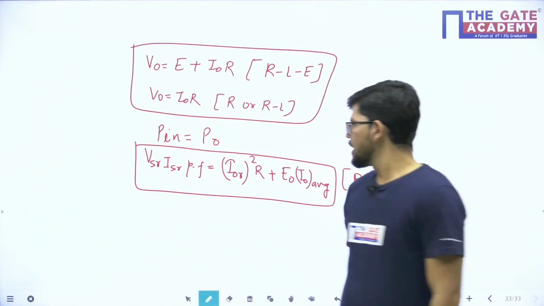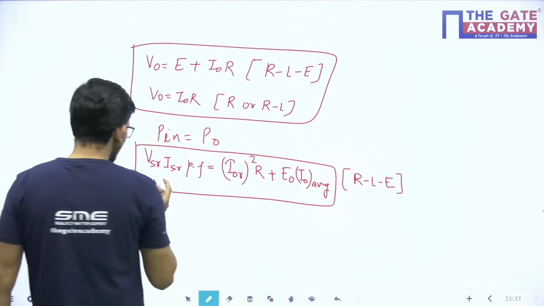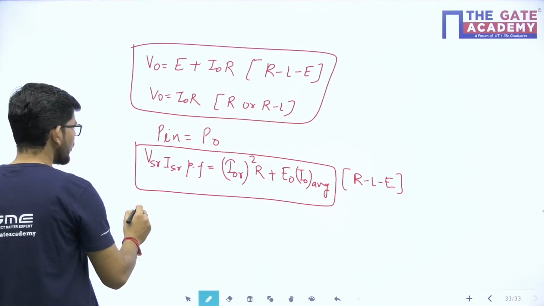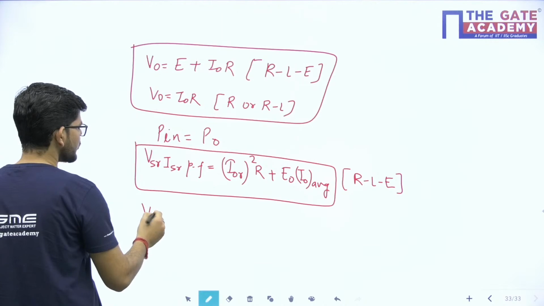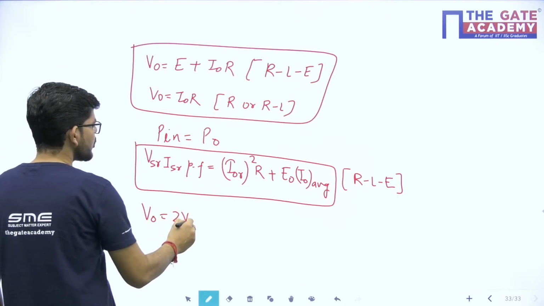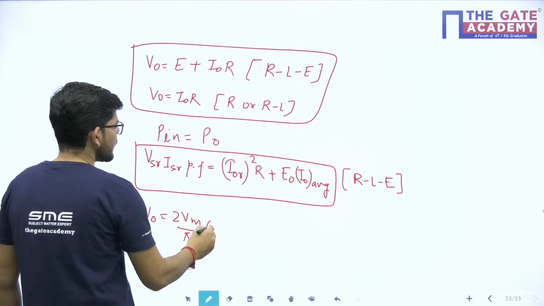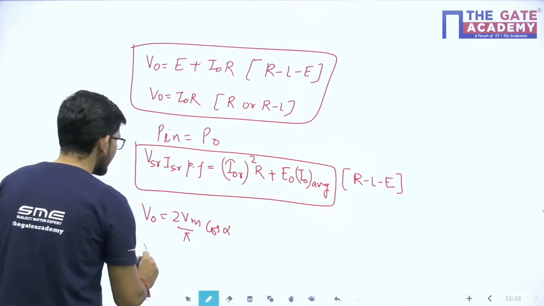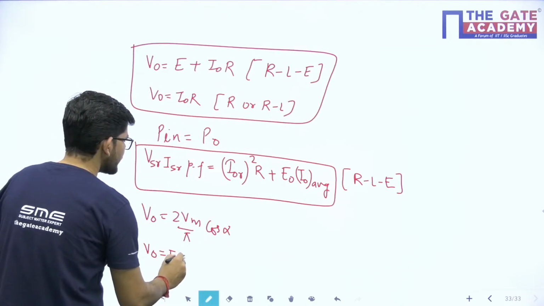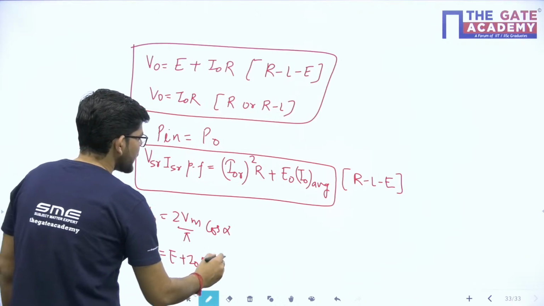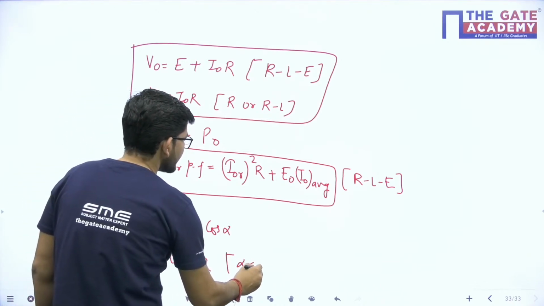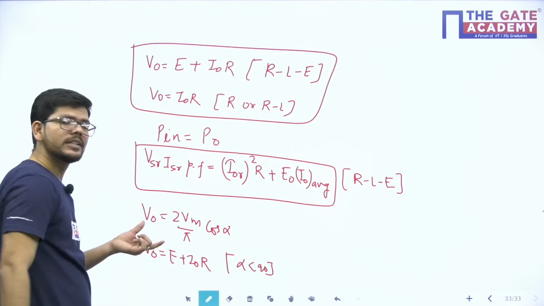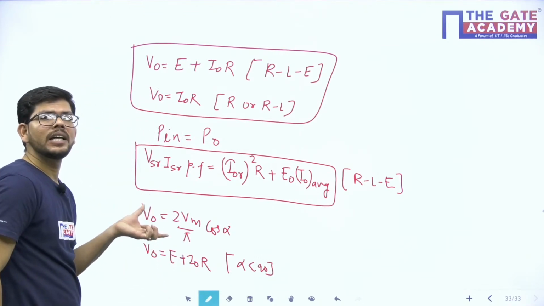Now, let me tell you one more thing. For example, if I talk about single phase full wave converter, V naught is equal to 2 Vm by pi cos alpha. In this case you will apply V naught equals E plus I naught R when your alpha is less than 30. The converter will behave like a rectifier.